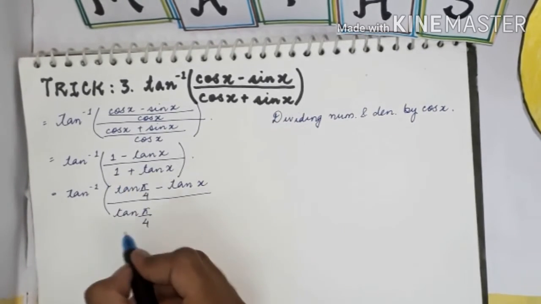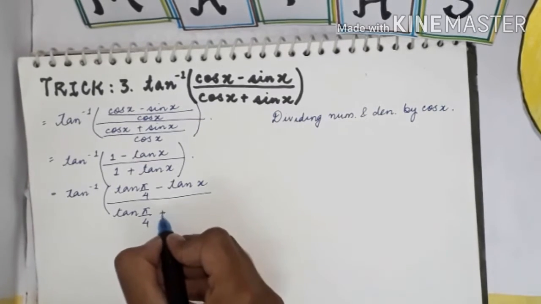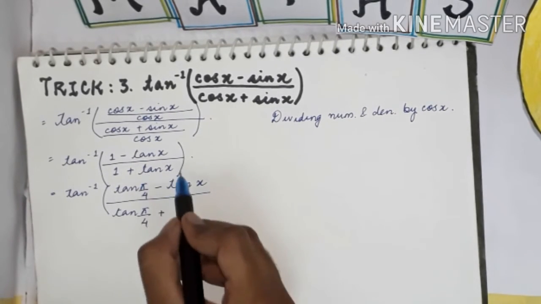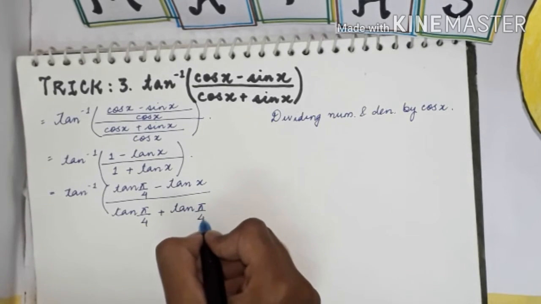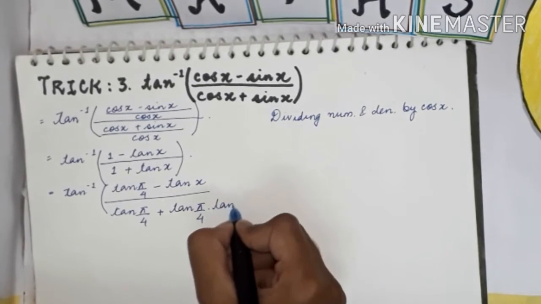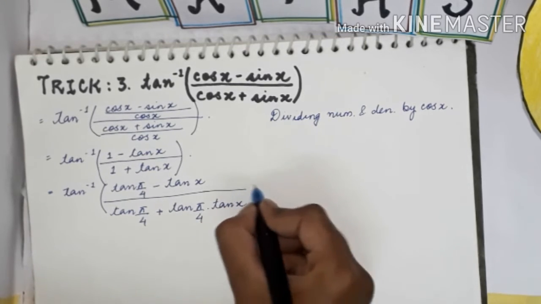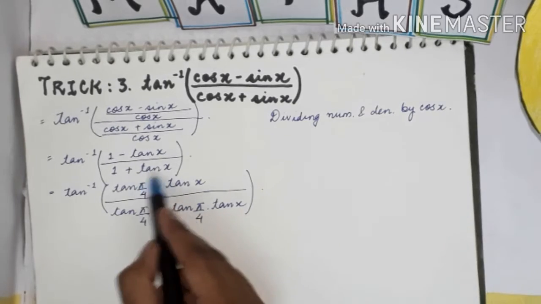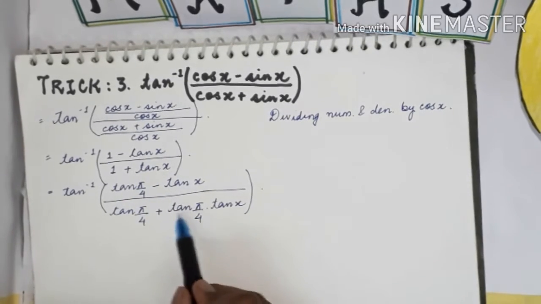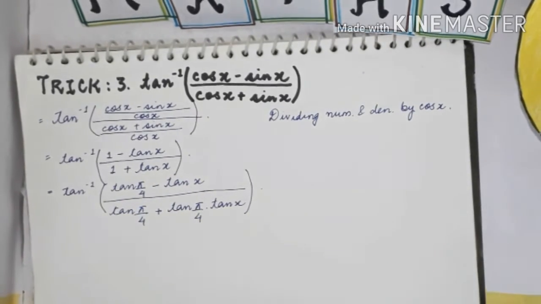Tan pi by 4 in place of 1, plus, can you write tan x as tan pi by 4 into tan x? Yes, you can. Why? Because tan pi by 4 is 1. There is no change in this. In place of tan x, you can write this tan pi by 4 into tan x.